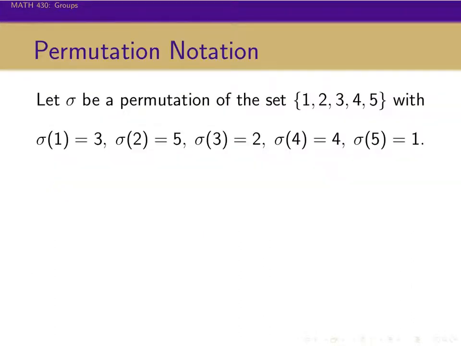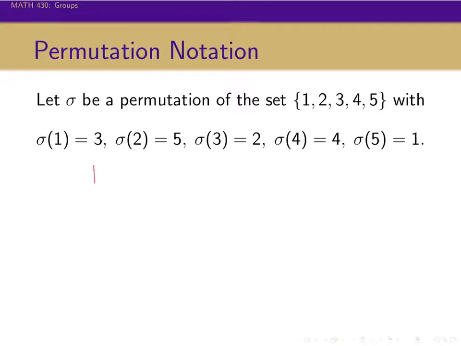Okay, so let's let sigma be a permutation on the set 1, 2, 3, 4, 5. And we're going to define sigma by: sigma sends 1 to 3, 2 to 5, 3 to 2, 4 to 4, and 5 to 1.